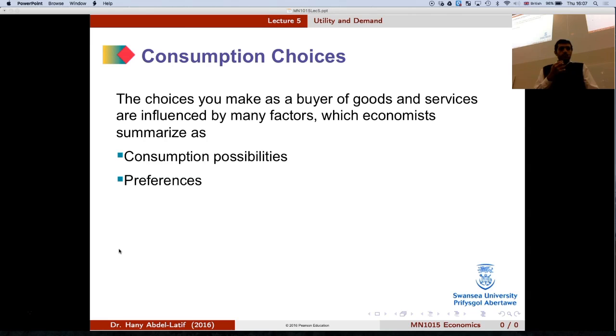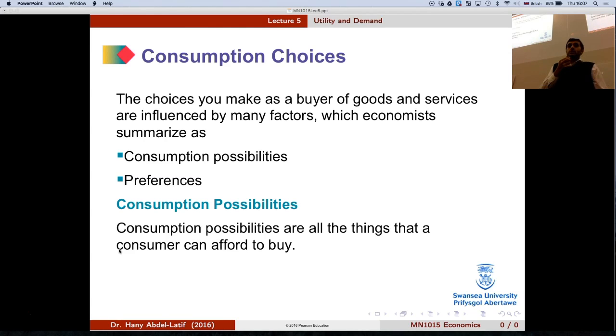The first thing we said, we were looking at consumption possibilities, and what you can is determined by two things: your income, that's the money in your wallet or in your bank account, and the prices of the products you're buying.